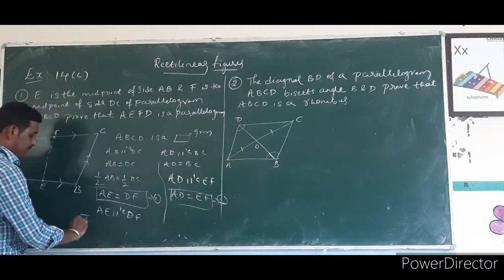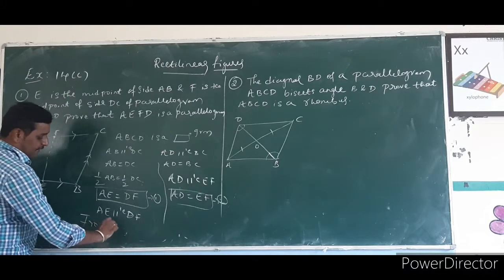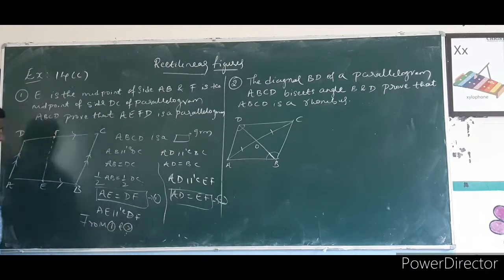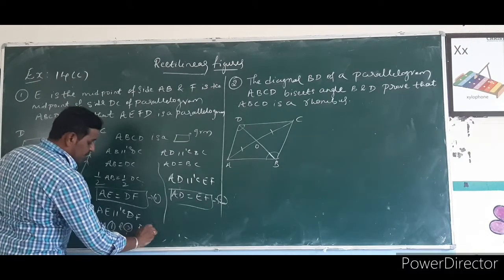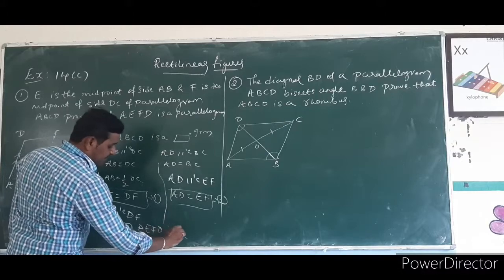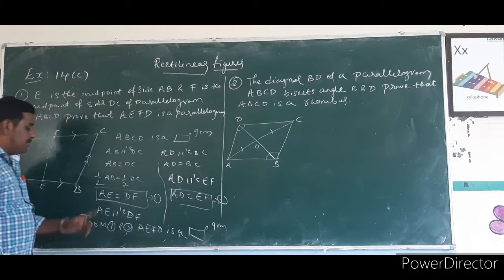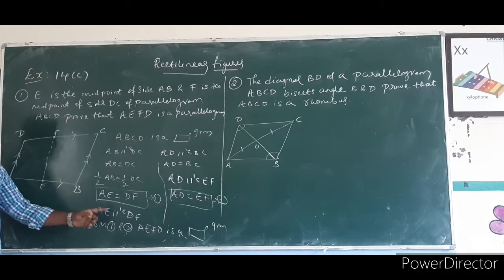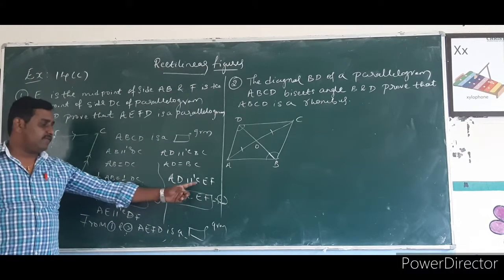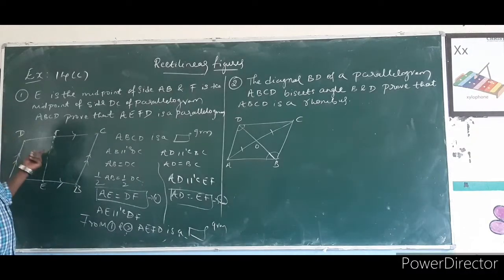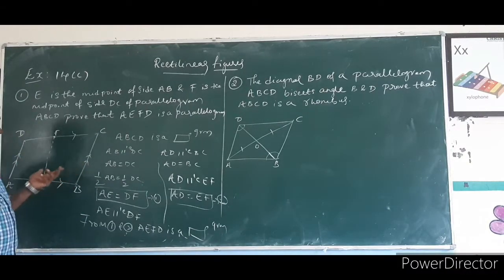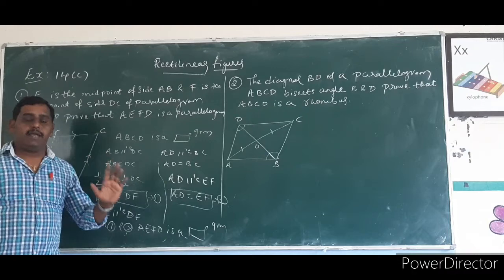From 1 and 2, we can easily say that AEFD is a parallelogram, because look at the proof: opposite sides are equal and parallel. Opposite sides are equal and parallel. So AEFD is also a parallelogram.